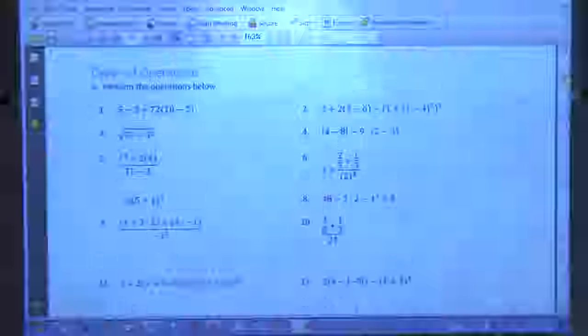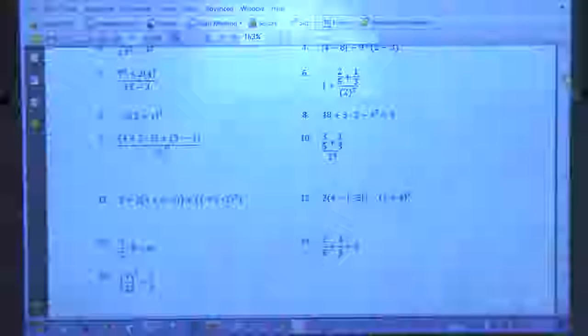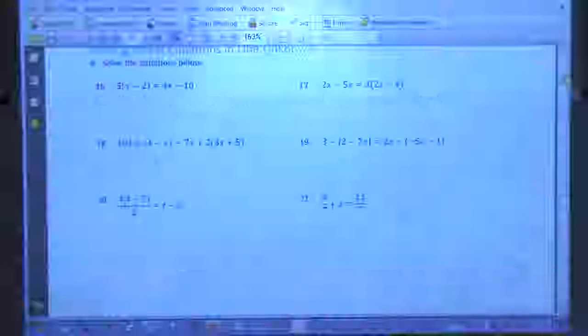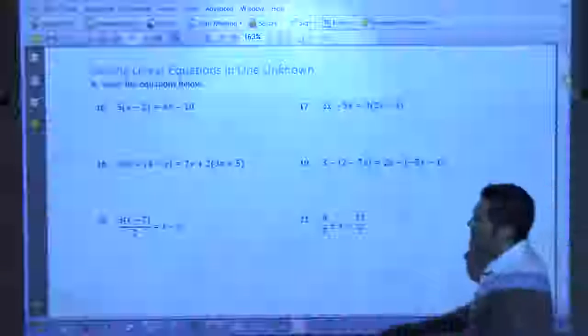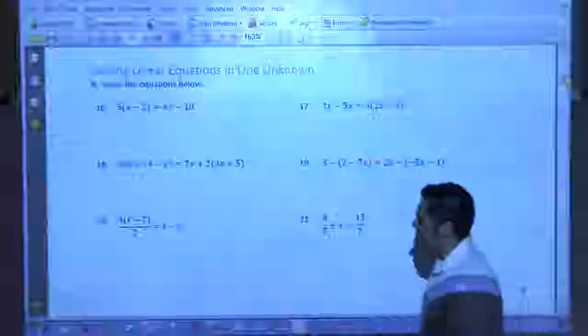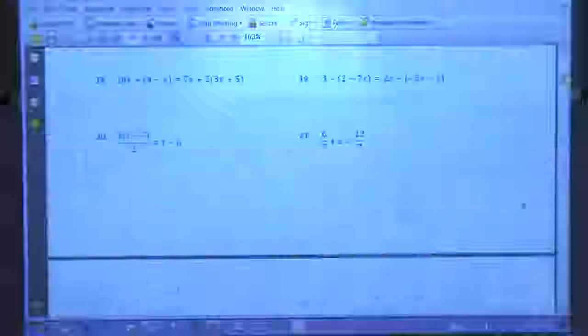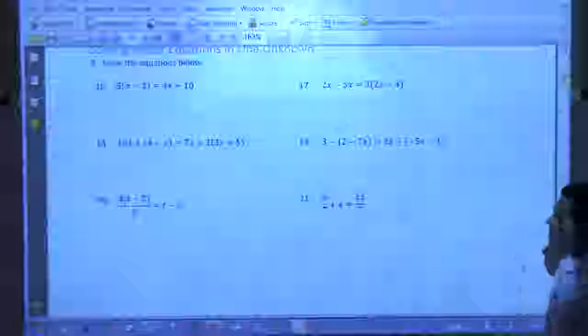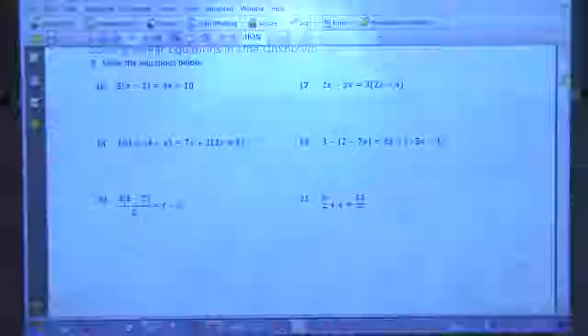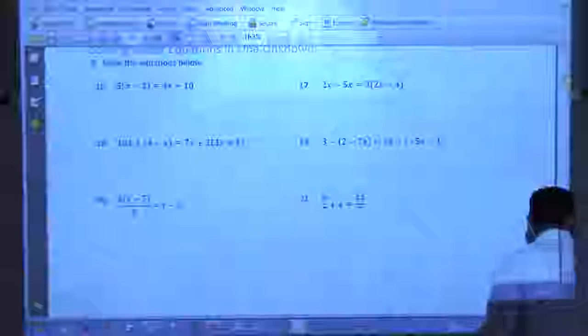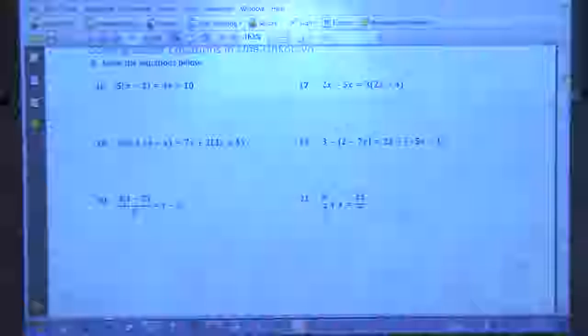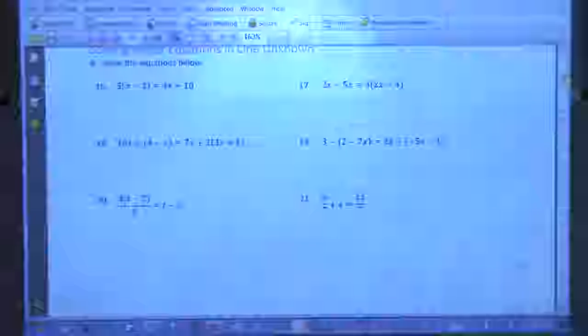We are solving linear equations. We had stopped, after order of operations, with solving linear equations. I believe we stopped with this one right here. Okay, y'all ready? Let's get going.